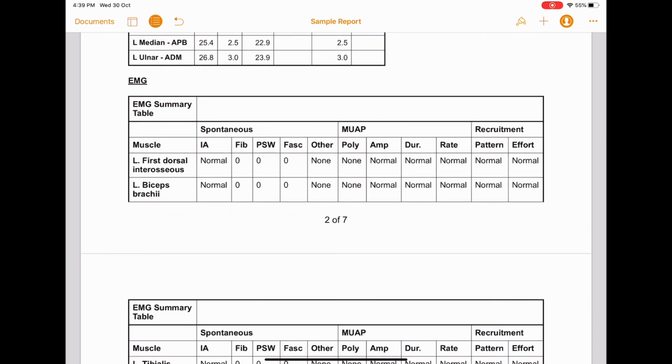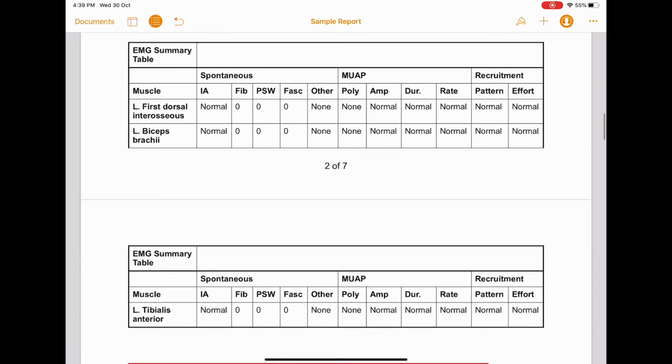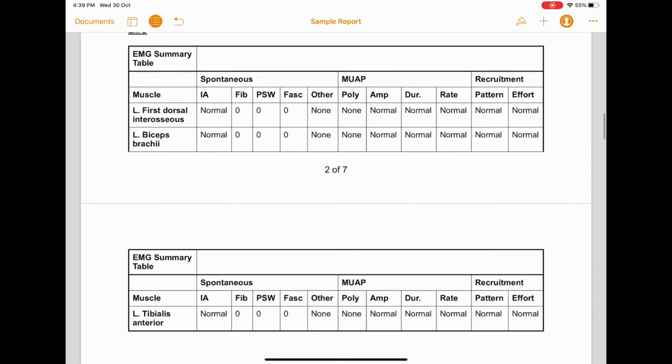So for the EMGs, I'm just gonna say what to look for in this table. We did this needle EMG in different muscles in upper and lower extremities. When you put the needle in the muscle, you look at 2 different things.